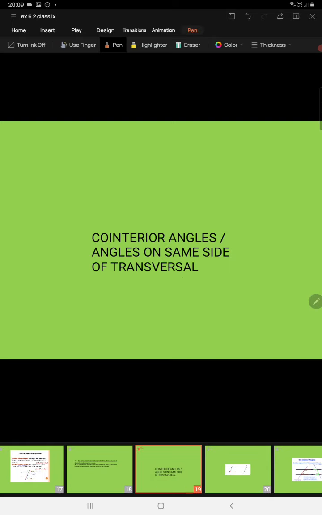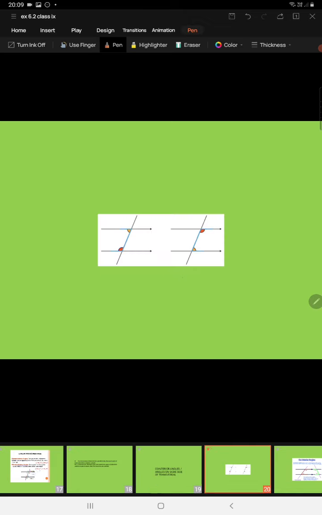The next important type of angle is co-interior angles, and in the book it is written as angles on the same side of the transversal. As the name indicates, these are interior angles, but on the same side of the transversal, on this side and this side.